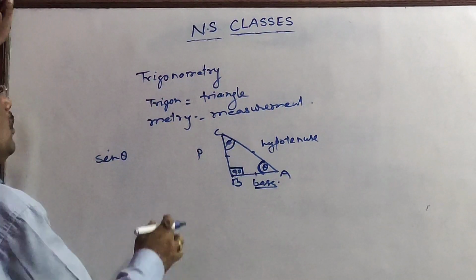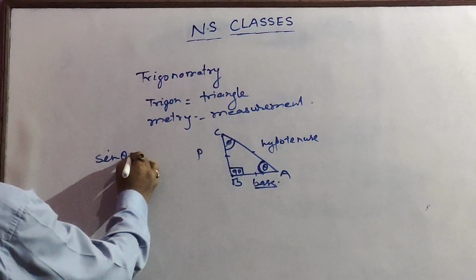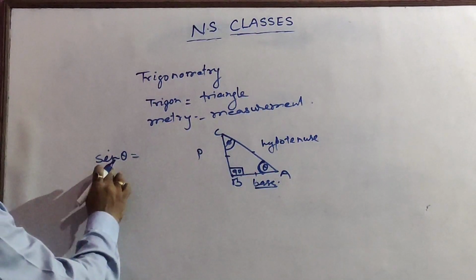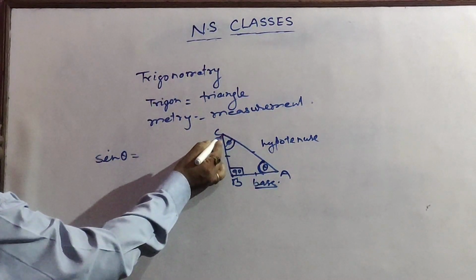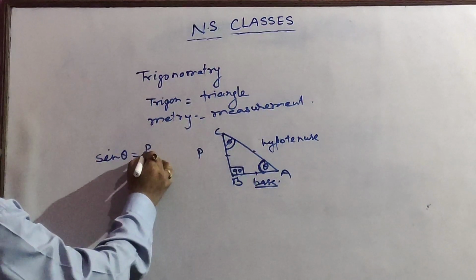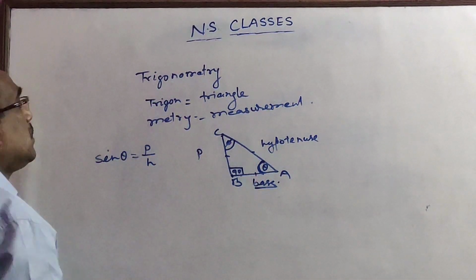So now we are going to study sine theta. Sine means perpendicular by hypotenuse. This is the ratio of perpendicular and hypotenuse.